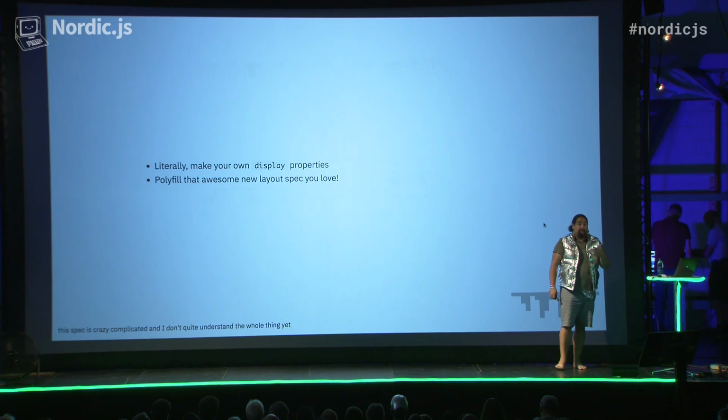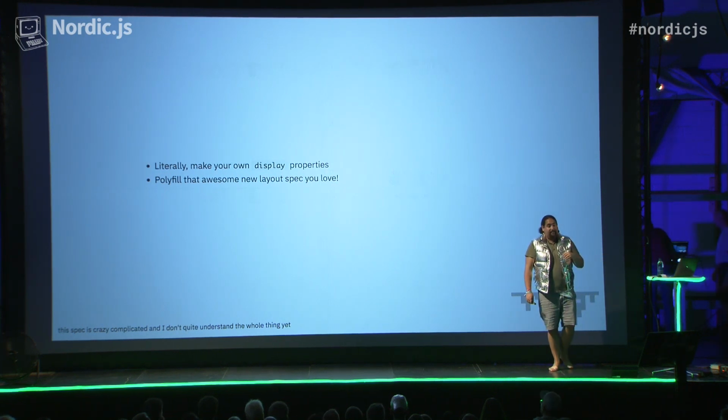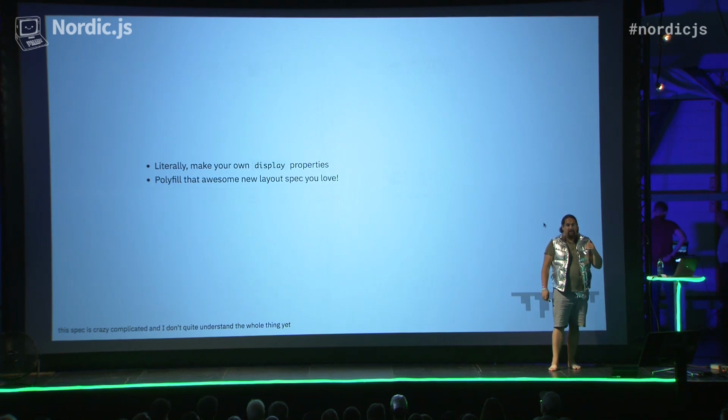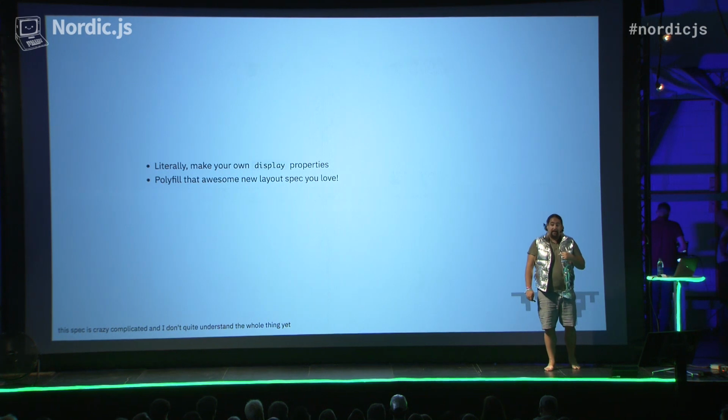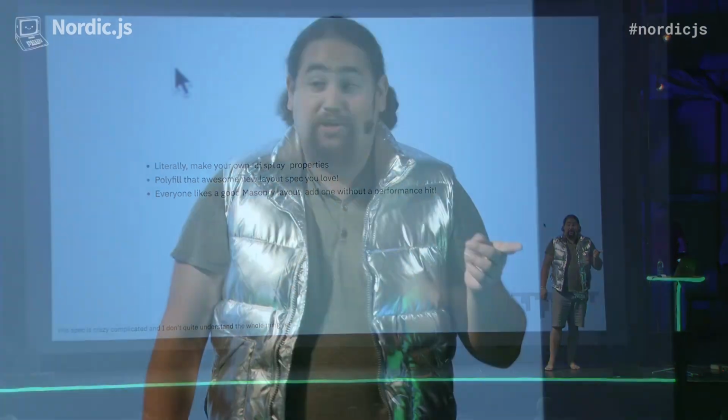It'll let you do things like polyfill that new awesome spec layout you love. In fact, someone has polyfilled subgrid for CSS grids using the layout API today. And because everyone likes a good masonry layout, I'm going to show you how you can do it without a performance hit in less than 50 lines of code without any external dependencies, all through the magic of the layout API.